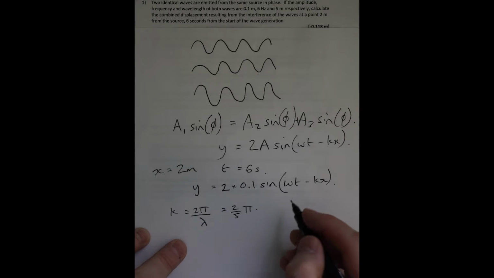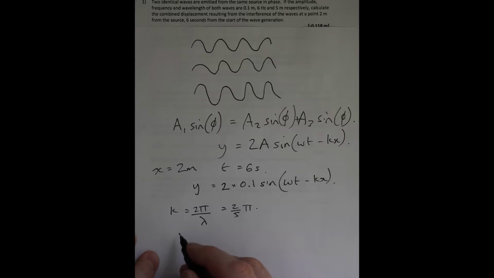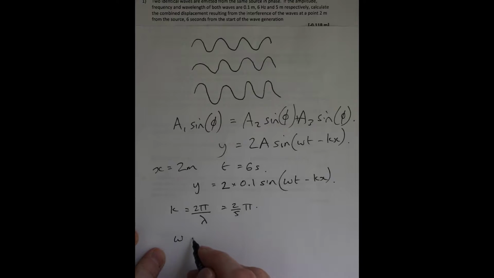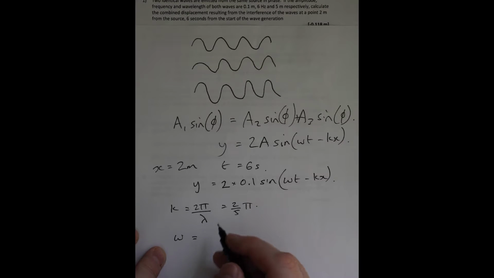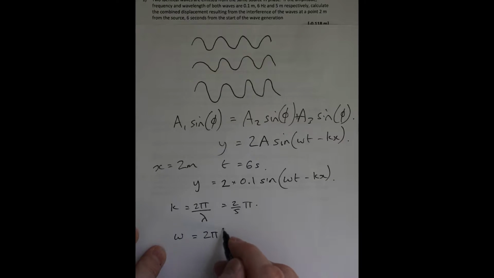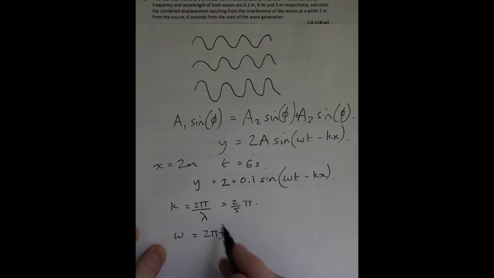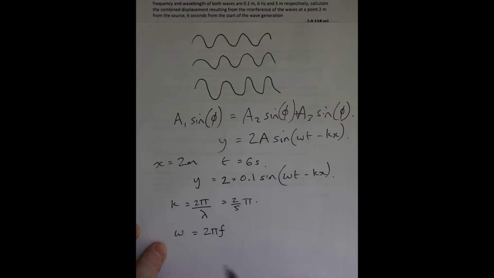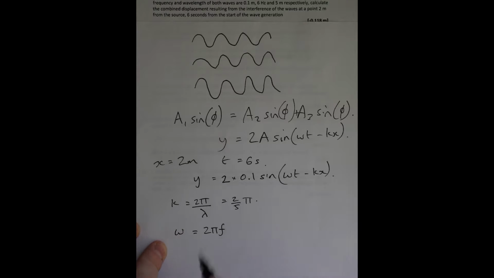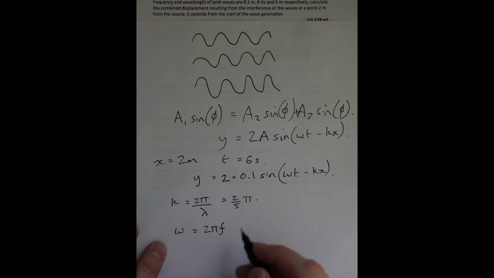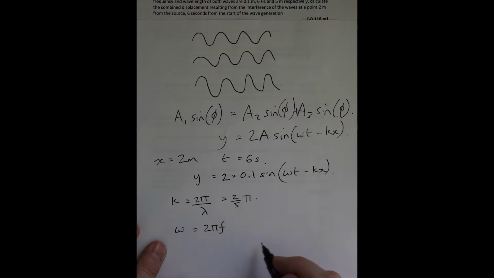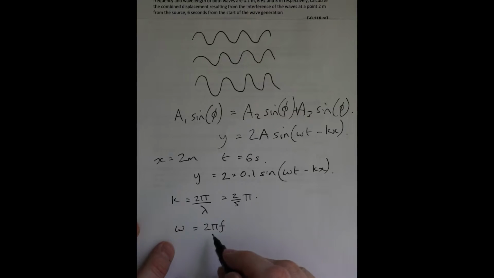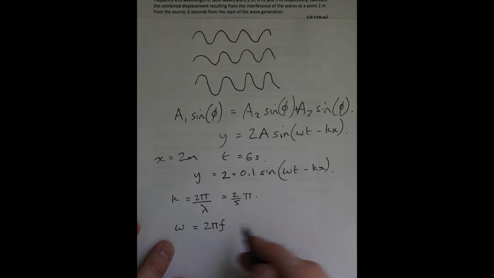and then our omega value is equal to 2 pi times the frequency. Remember, omega is the angular frequency, so it's basically doing 2 pi radians. The number of times it covers this 2 pi radians of rotation in a second is the angular frequency. So to calculate omega, we multiply the actual frequency by 2 pi.